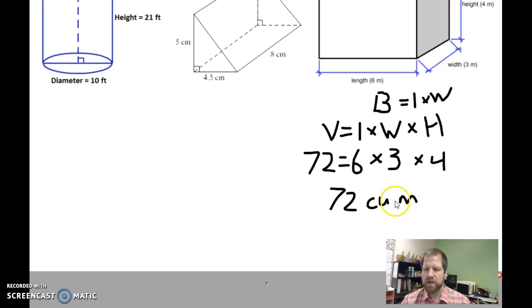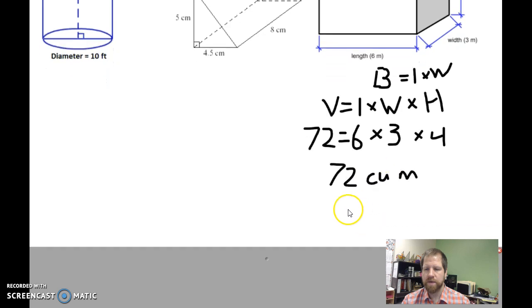Okay, the meters might change, but if you're looking at a volume, it should always be cubic. All right, this can also be written as 72 meters cubed.